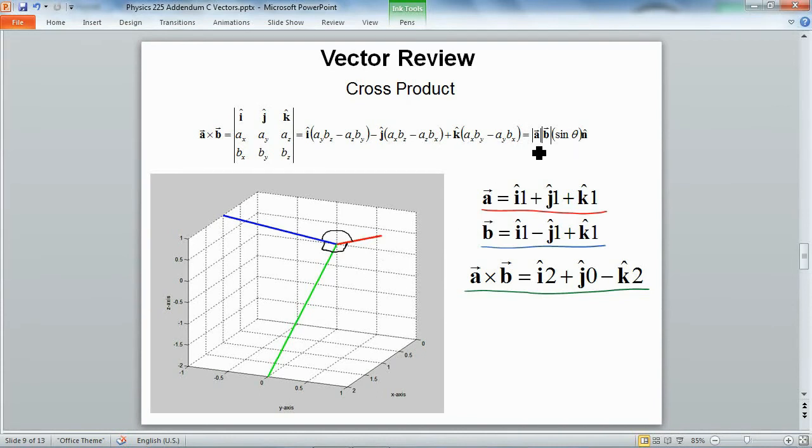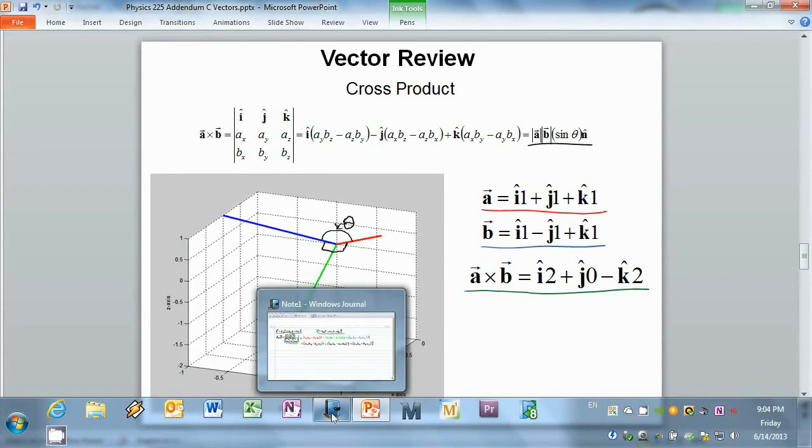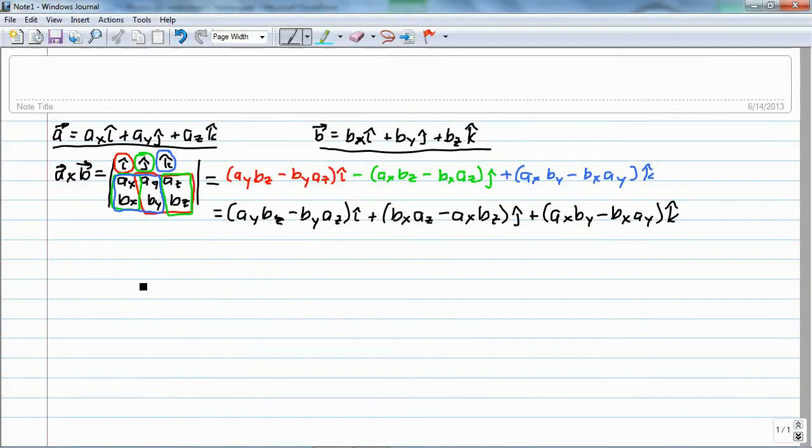So just like we had for the dot product, we have a way of being able to calculate the magnitude of the cross product by using the lengths of each of the vectors and the sine function. This is the angle theta right there. So cross products are a little more difficult to be able to visualize, but they're very important. We're going to be using them quite a bit this semester.